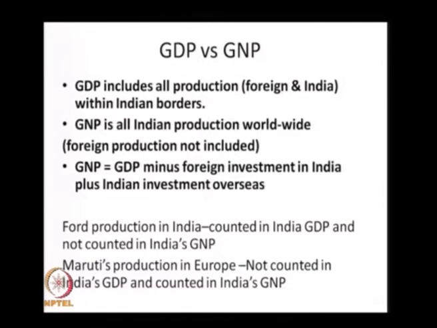Likewise, if Maruti is engaged in producing cars in Europe, it is not counted in India's GDP because the production does not happen inside India, but it is counted in India's GNP because it is India's production happening outside India. So you need to understand the difference between GDP and GNP. GNP is also an important economic indicator, but usually we measure the strength of a country's economy by its GDP and not GNP, but it is essential that you understand what GNP is all about.